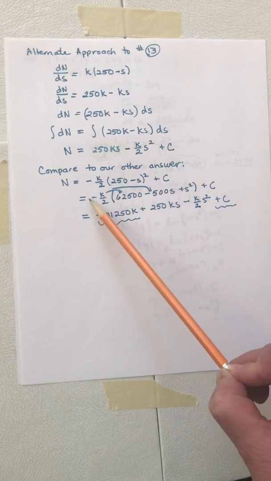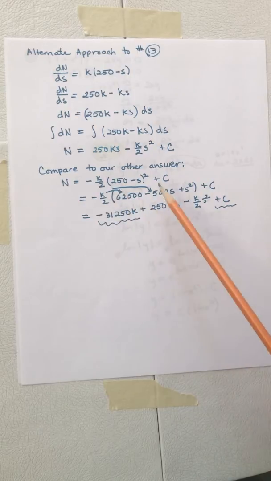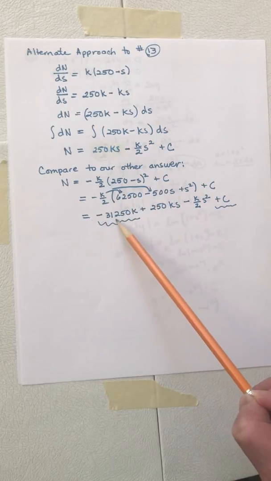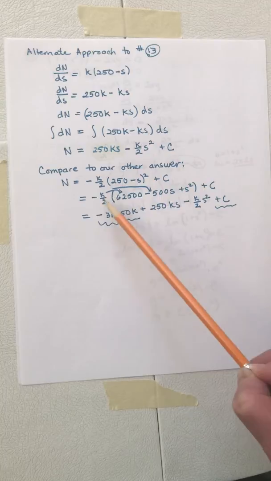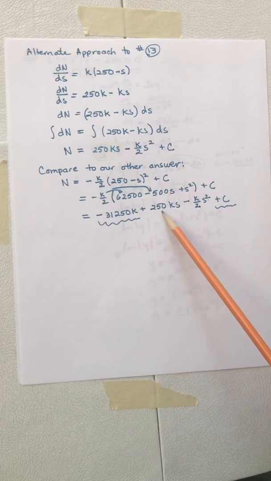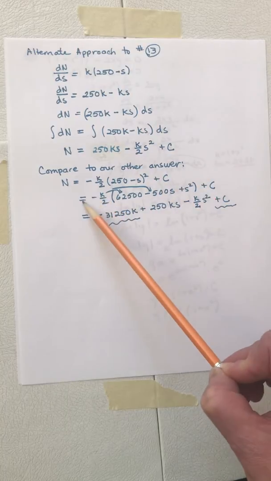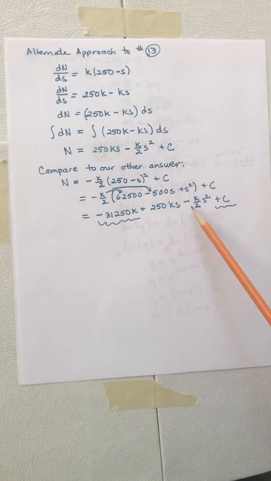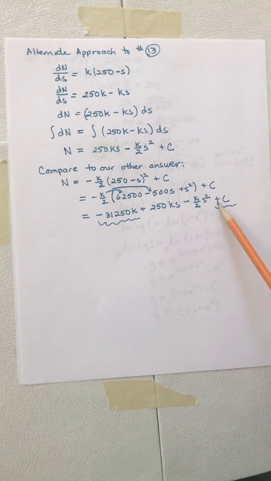And if we distributed the negative k over 2 times 62,500, we would get negative 31,250k, negative k over 2 times negative 500s plus 250ks minus k over 2 times s squared, which would be minus k over 2 s squared plus c.